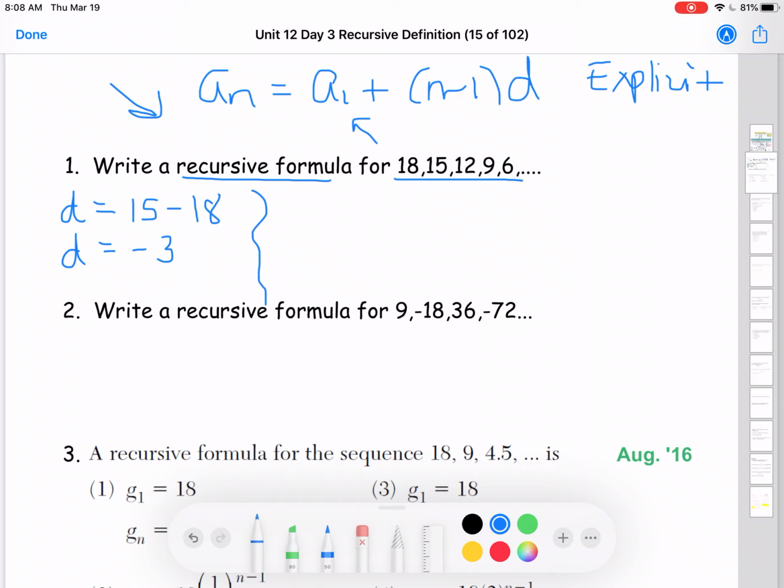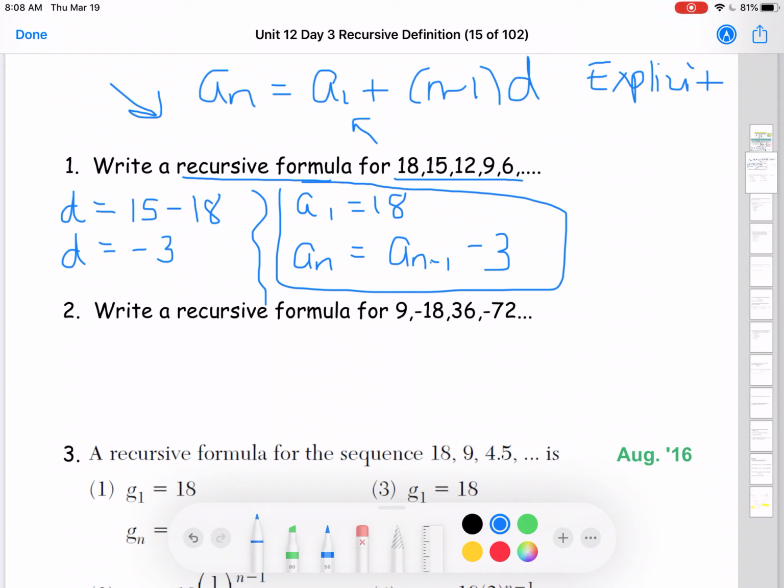Okay, when we write a recursive definition, you're always going to state what the first term is. And then you're going to say it in words. The next term is equal to the one before it minus 3. This is your recursive definition right here.